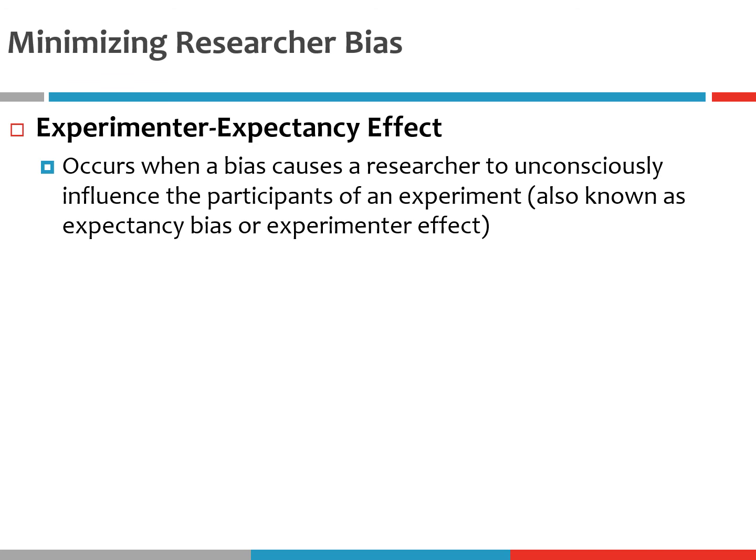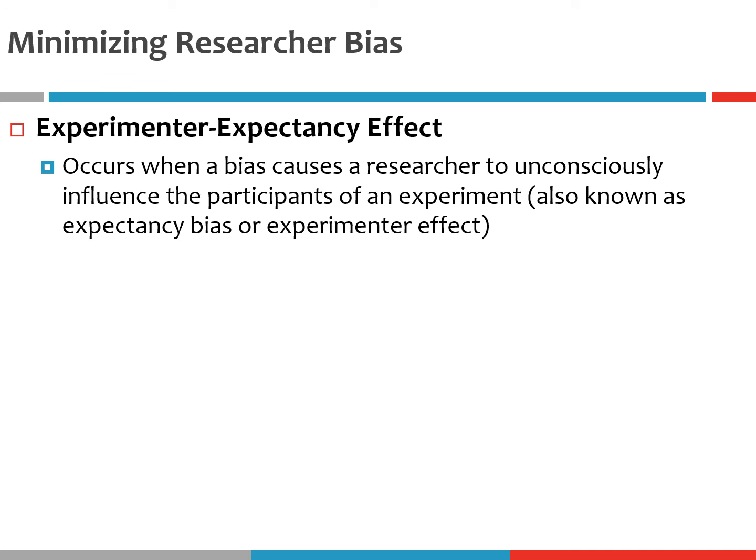And the one way to control this, both the influence that the experimenter has on the participant, and also the influence of the participant knowing what treatment they're getting, whether they're getting the control or the experimental condition, in order to reduce both of those, you would use a double-blind procedure. That means both the experimenter administering the treatment and the participant receiving the treatment do not know what they're getting.